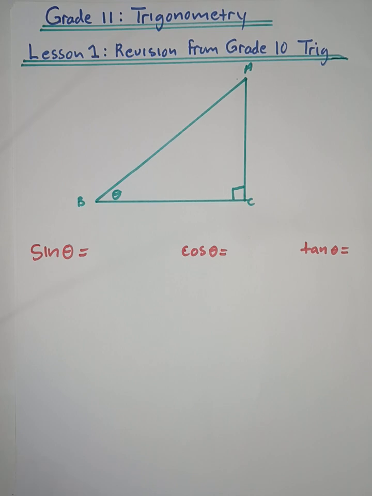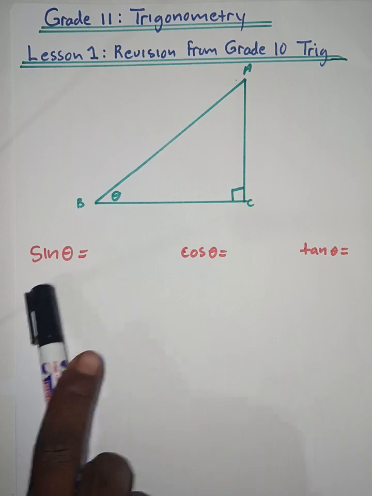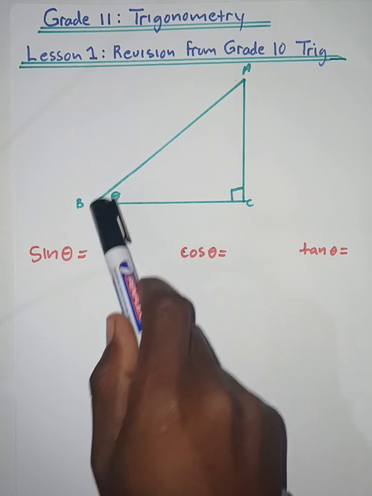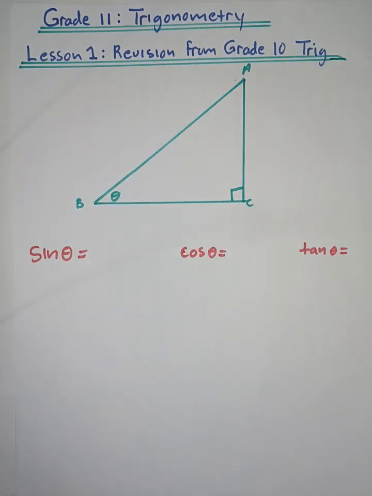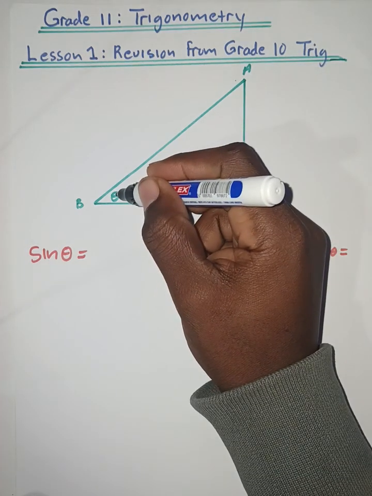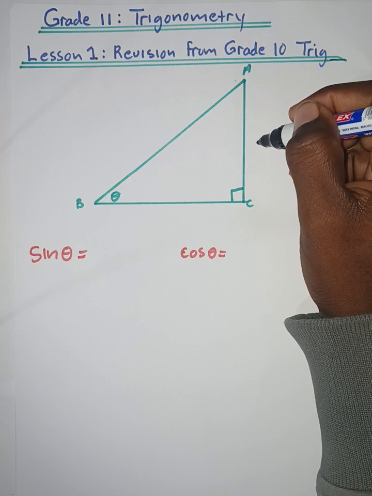I'm sure you're familiar with these three trig ratios: the sine, cos, and of course tan. Suppose you are standing on that vertex, which is B. This would be the side opposite that vertex, the side opposite to theta.